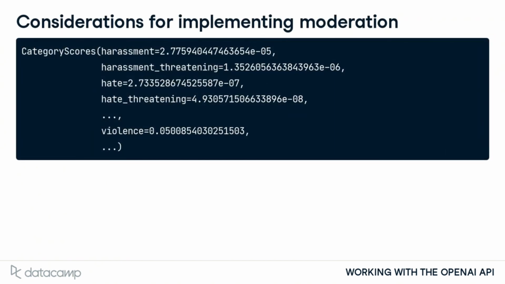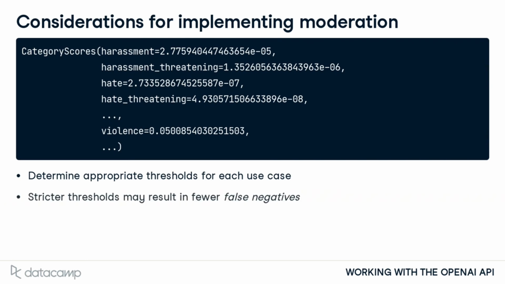The beauty of having access to these category scores means that we don't have to depend on the final true-false values outputted by the model. We can instead test the model on data from our own particular use case and set our own thresholds based on the results. For some use cases, such as student communications in a school, strict thresholds may be chosen that flag more content, even if it means accidentally flagging some non-violations.